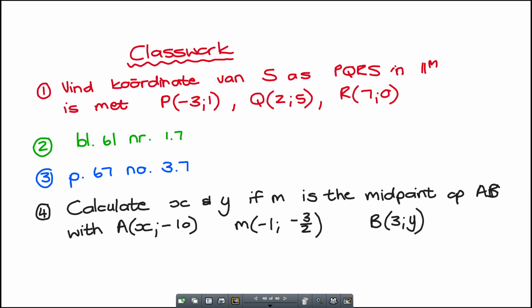Met ander woorde, dit is oefening 1. Sê hulle vir jou, skryf die koördinate neer van Q, as daai KL MN 'n parallelogram sal maak.